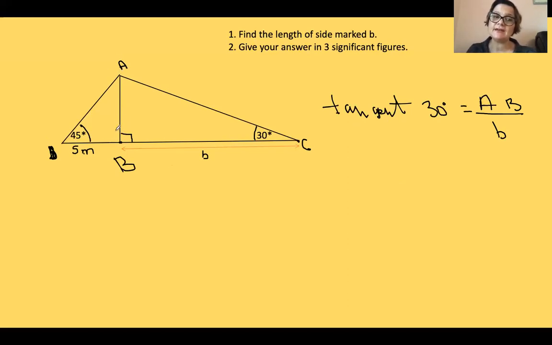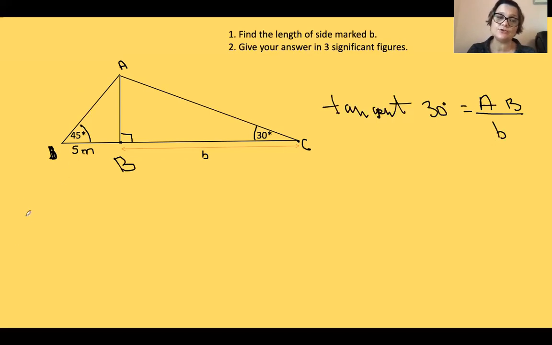Now, side AB, as you see, is part of the other triangle, triangle ADB. Can you see the side here? So we can find side AB separately and then substitute here to find B. We know the angle 45 degrees, so let's use exactly the same formula.